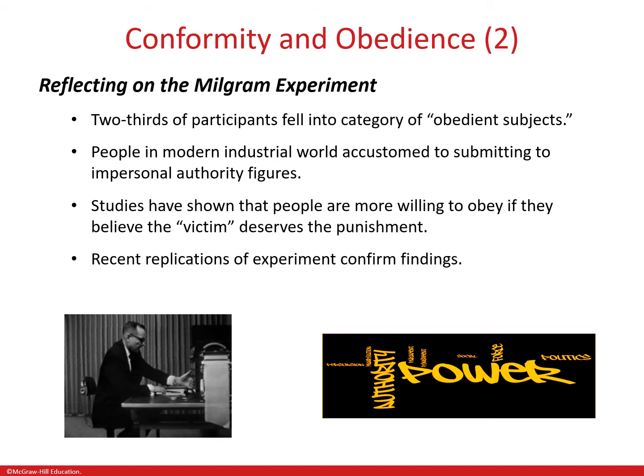Now, the person administering the shock was the person under study. The person on the other side of the screen, although it seemed they were randomly placed there, was actually an actor, but the test subject didn't know that. Two-thirds of participants fell into a category that Milgram described as obedient subjects.